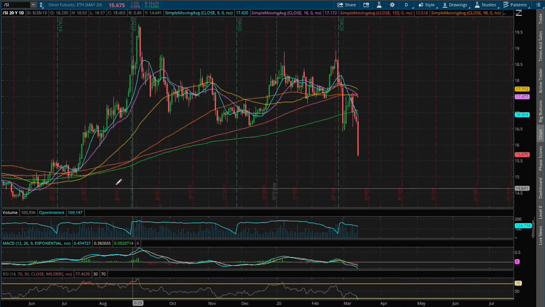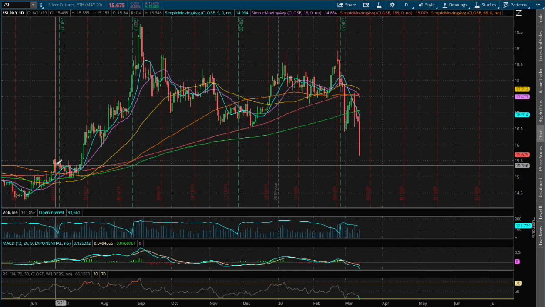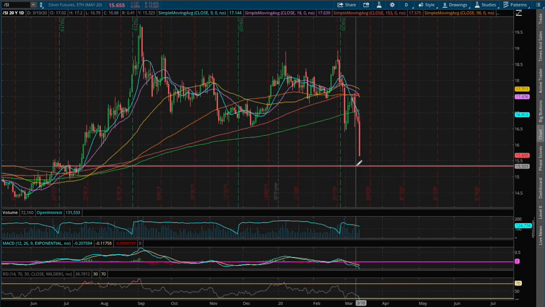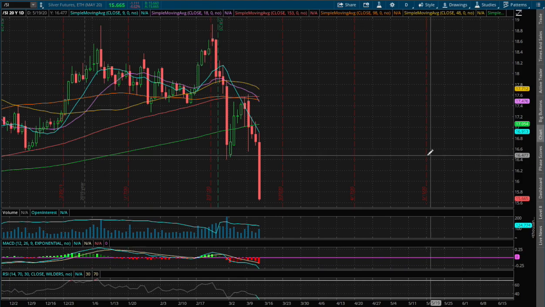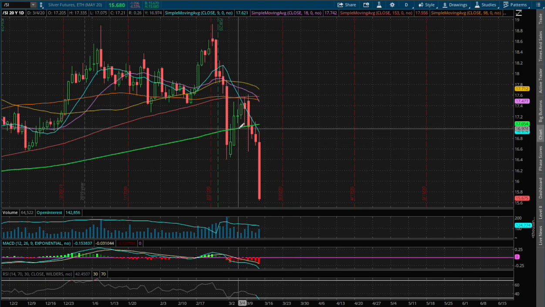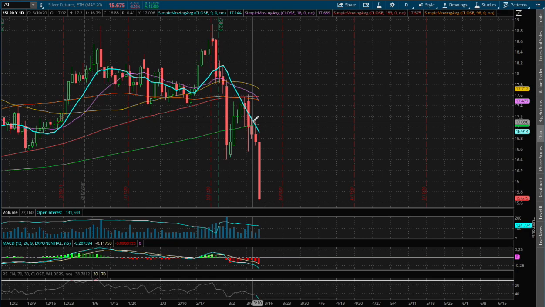We see a possible support that dated back to June 21st, 2019, around the price of $15.35. So that is our immediate support. And if we do manage to make a reversal and head up higher, the next resistance that we may encounter will be the 200-day moving average, this green line, and the 9-day moving average, this blue line.